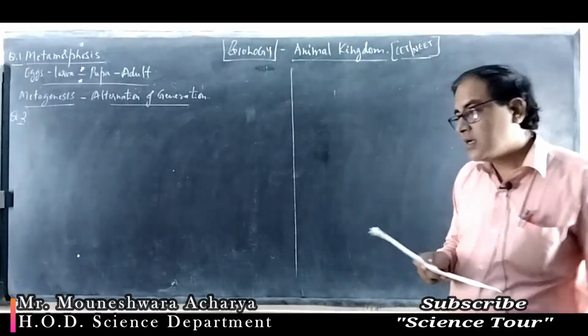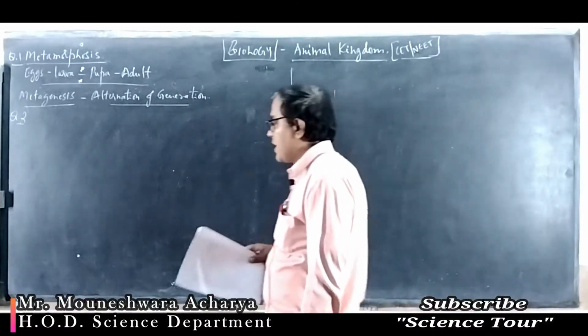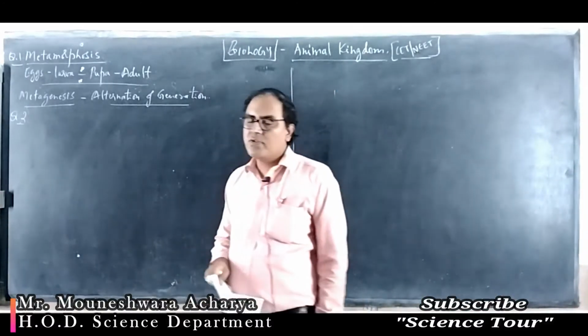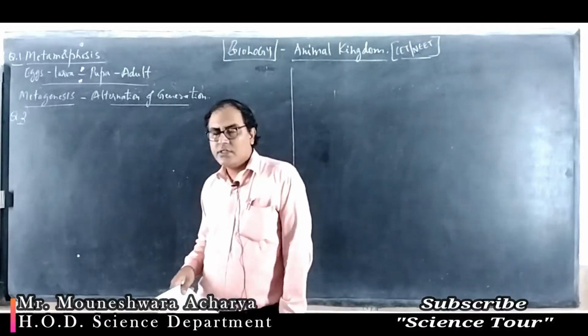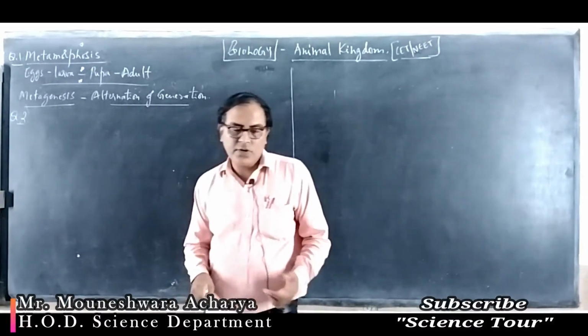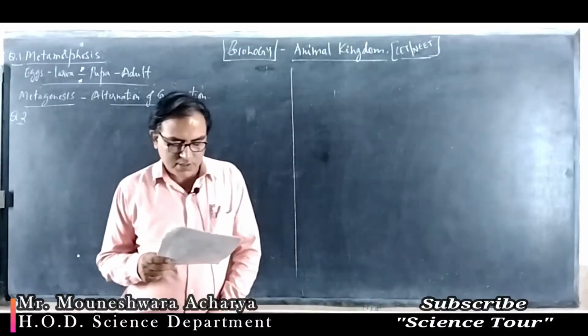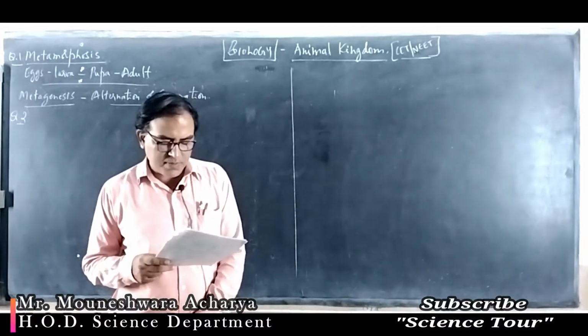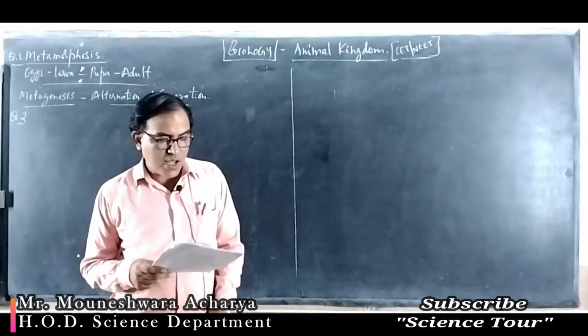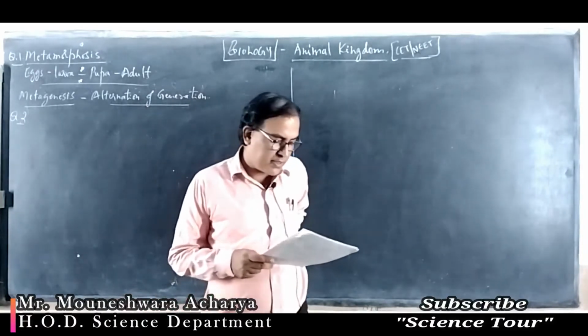Correct, because it belongs to phylum Platyhelminthes, and members of the Platyhelminthes have 3 layers: outer ectoderm, middle mesoderm, and inner endoderm. So they are triploblastic animals. See, Fasciola is a pseudocoelomate animal. Fasciola hepatica, the sheep liver fluke, also belongs to Platyhelminthes.